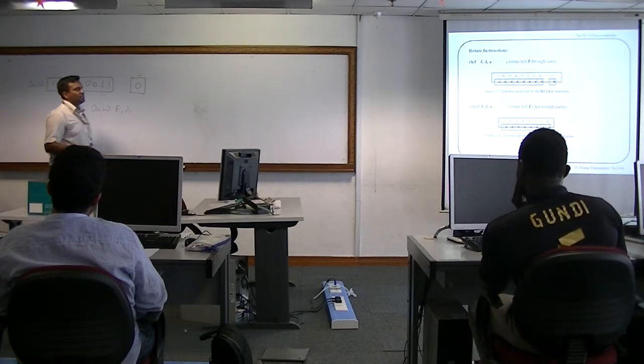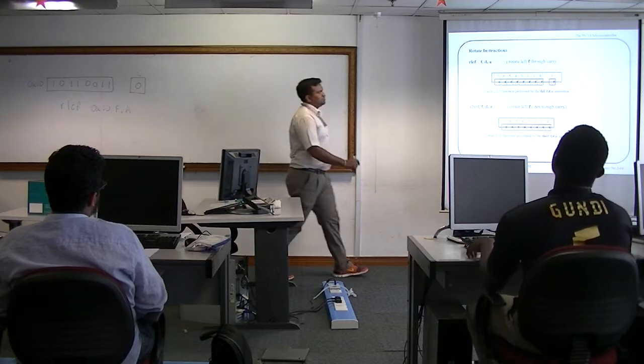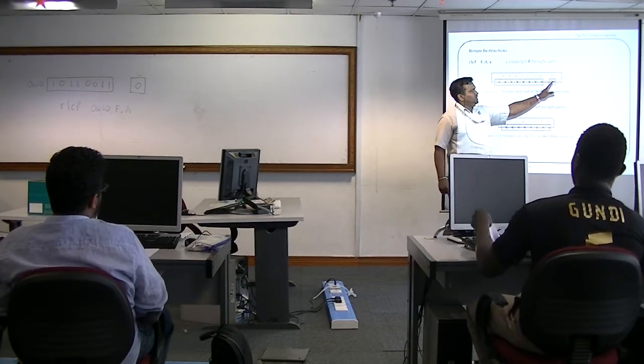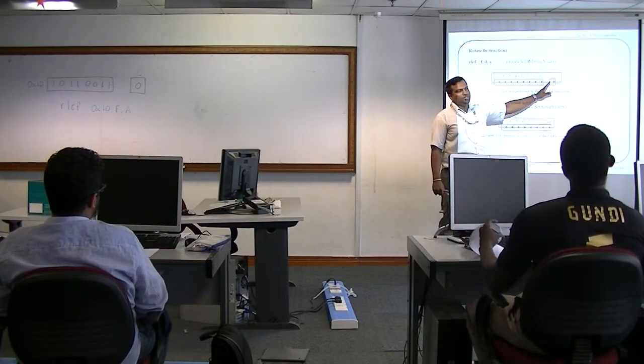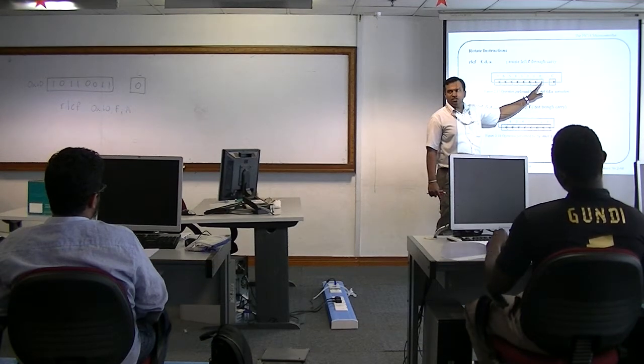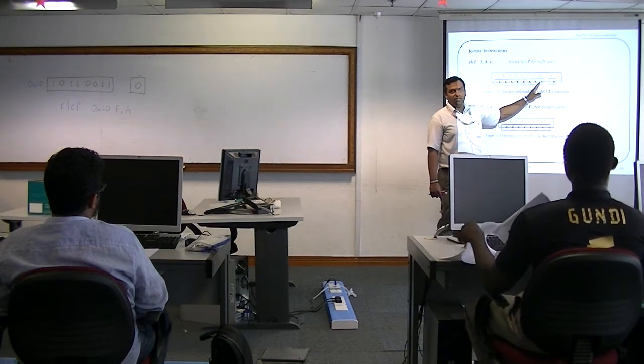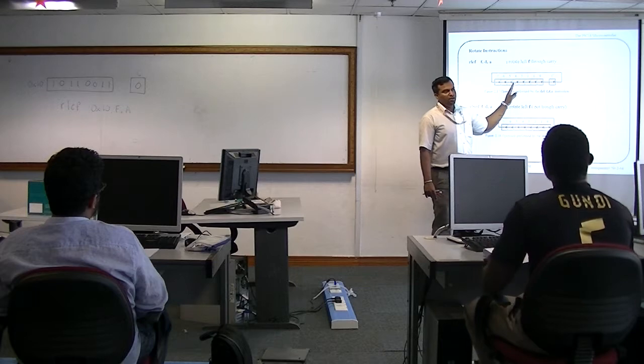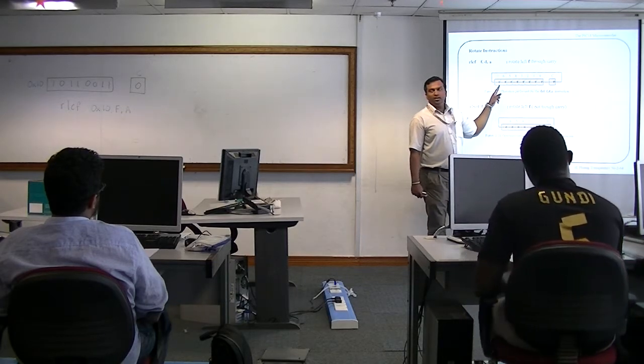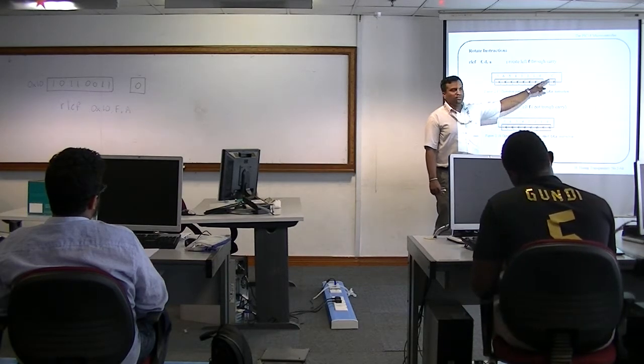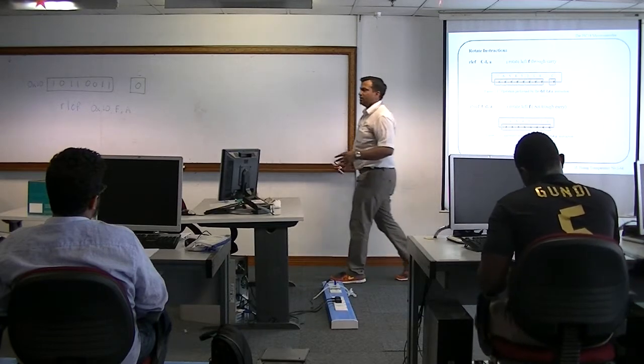So from the diagram itself you can see how the rotation happens. From the carry, that single bit will be pushed to the least significant bit. And therefore every single bit will be pushed by 1. And what happens to the most significant bit? That will be pushed to carry. This is relatively simple, right?